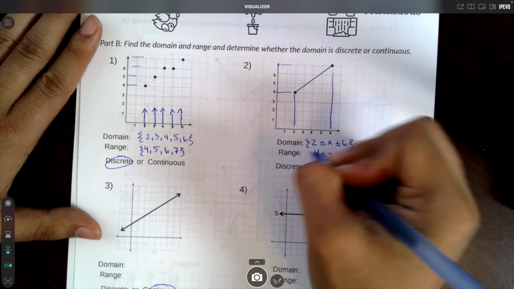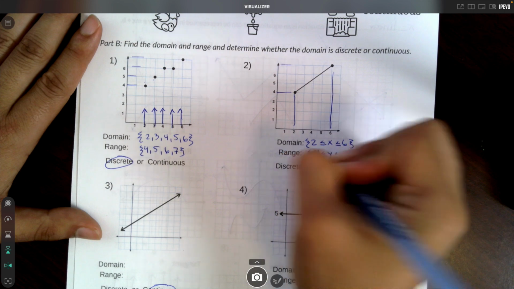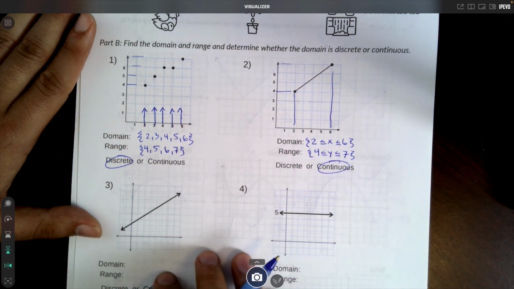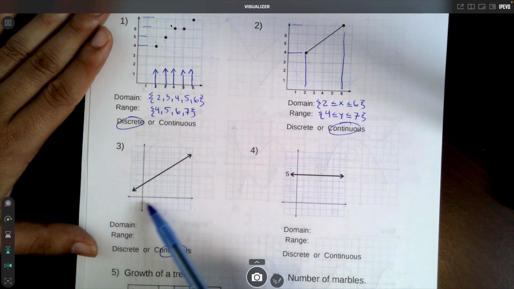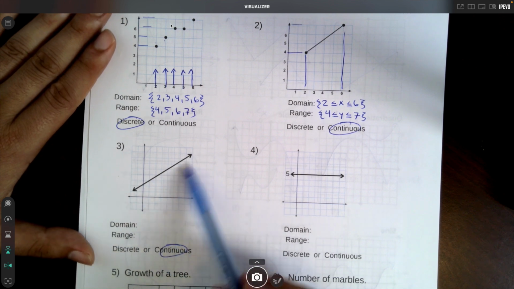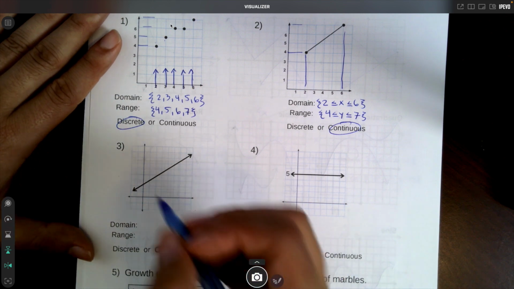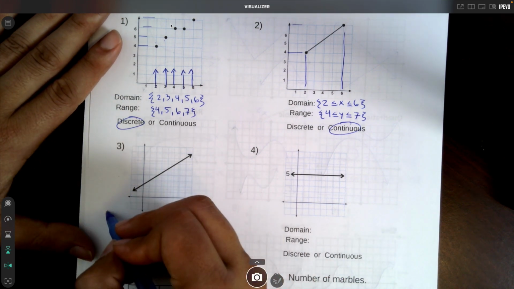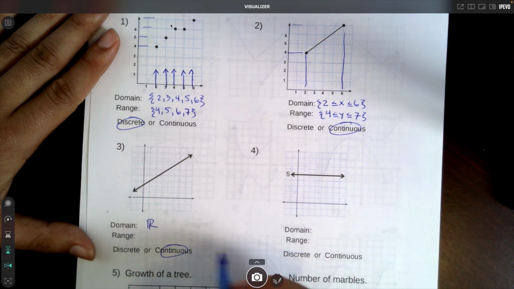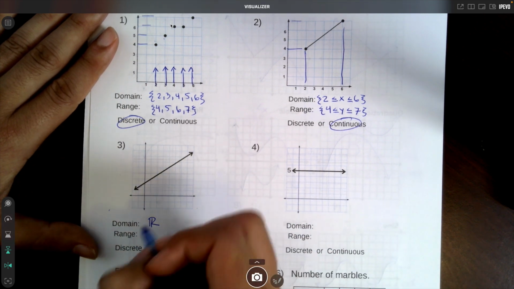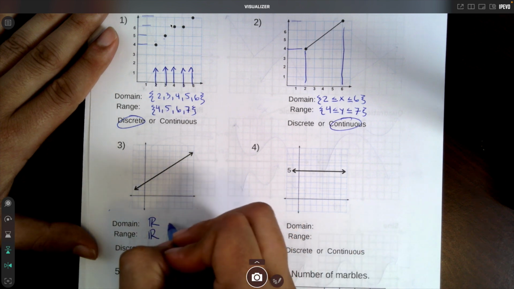And remember, we use Y for range, and for domain we use X. Now I know we've done this example before, and it's a straight line, and this happens to be true with a lot of functions. It's going to go forever, negative infinity to positive infinity. So another way of writing this is all real numbers. You can do an R with 2 straight lines, and we call this the reals.